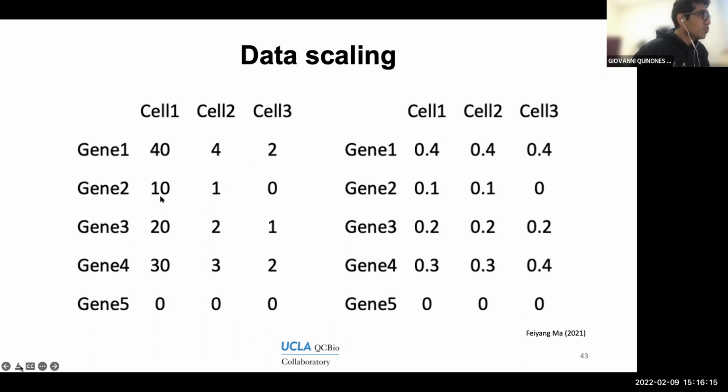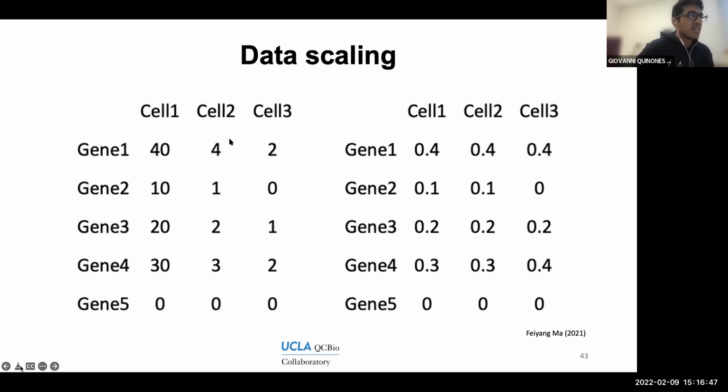When you perform downstream analysis, gene 1, because the values are so high, is going to strongly influence our methods of clustering and visualization later on. But gene 1 may not be particularly important to our analysis, right? We want to consider all genes equally. So one way to address this problem is to scale the data.